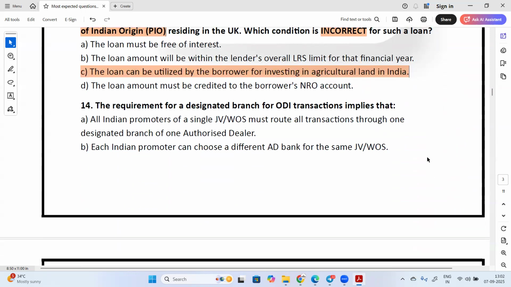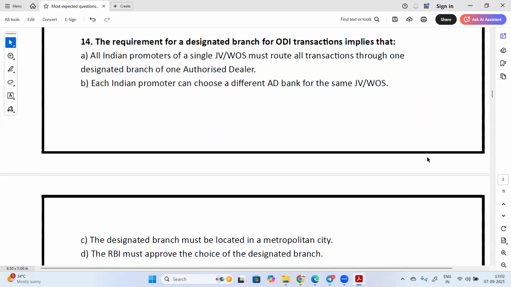Let's see the next question, question number 14. So question 14: the requirement for a designated branch for ODI transaction implies that all Indian promoters of a single JV or WS must route all transactions through one designated branch of one AD.